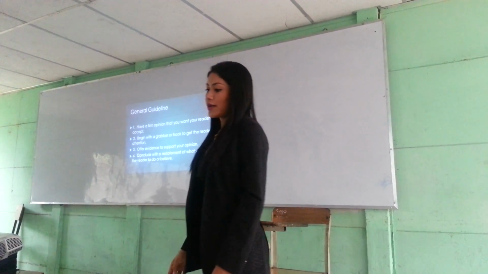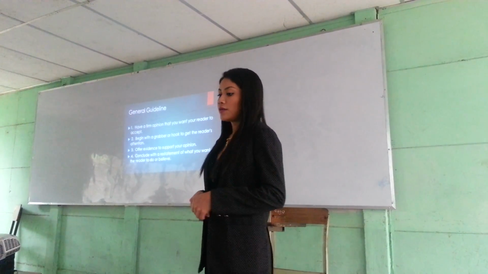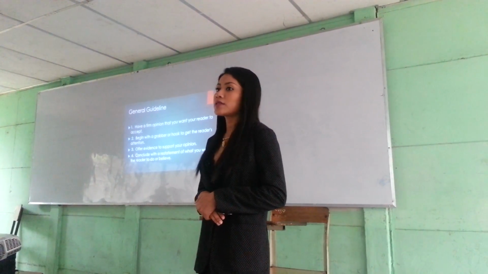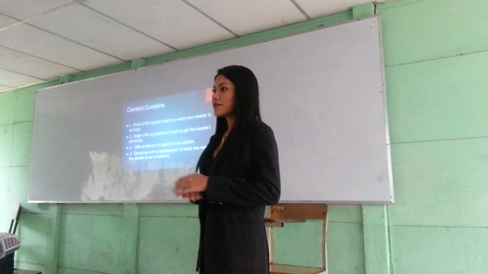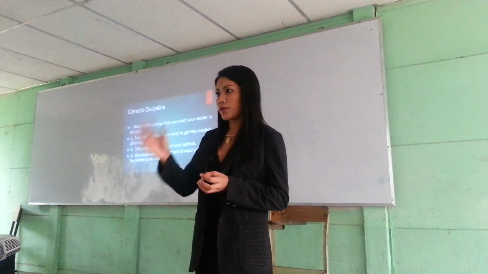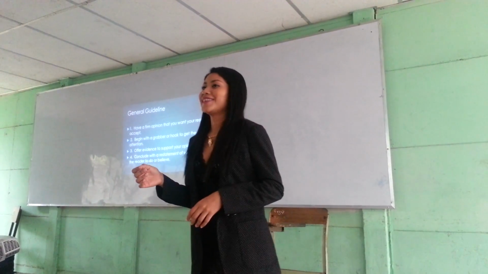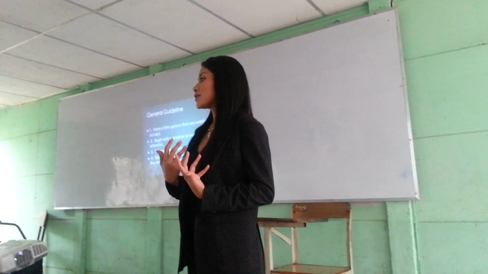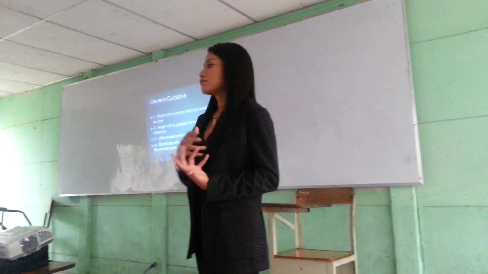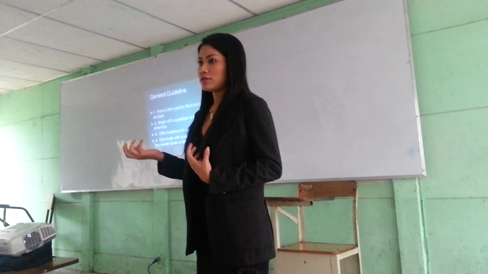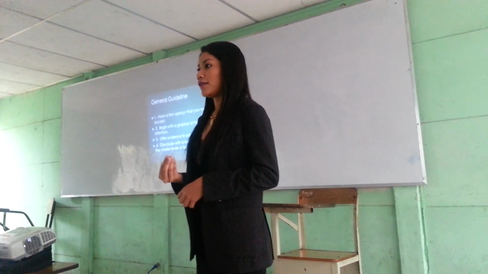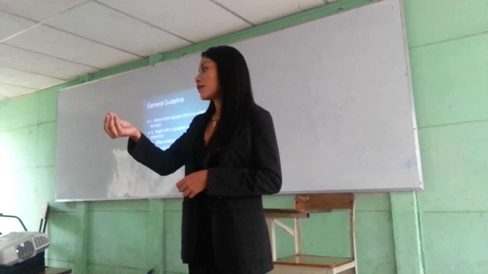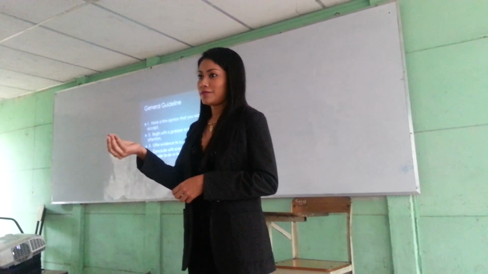And the general guideline says, first, have a firm opinion that you want your reader to accept. So that's how you have to persuade a person. Sounds weird, but you have to convince them about what you are saying. If you say that you are against, I don't know, gay marriage, you must be sure why you are against, and you have to convince your readers why that thing is wrong.